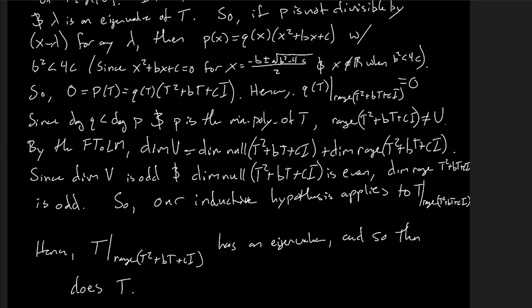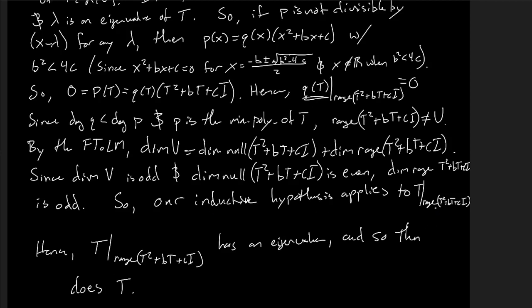So this means that the dimension of the range of t squared plus bt plus ci is odd, and the range can't be all of v. That comes from the fact that p is the minimal polynomial, and when we do this little bit of factoring, that would contradict the minimality of the minimal polynomial, how small its degree is, right?